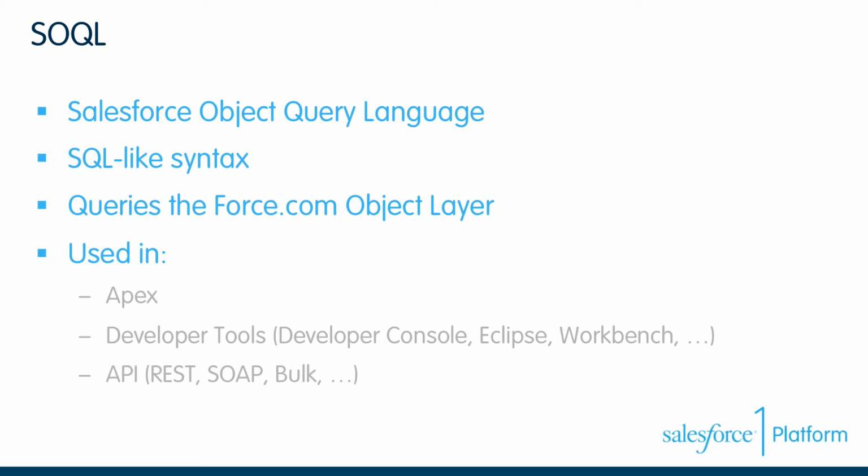So SOQL can be used in the Apex programming language. You can use it, as we will this morning, in the various developer tools like the developer console, Eclipse, Workbench, or any of the other third-party tools that are starting to appear. And you'd also use it from external applications through the API. So you can make a call through REST and say, go get me all the workshops that are, let's say, booked in a particular room.